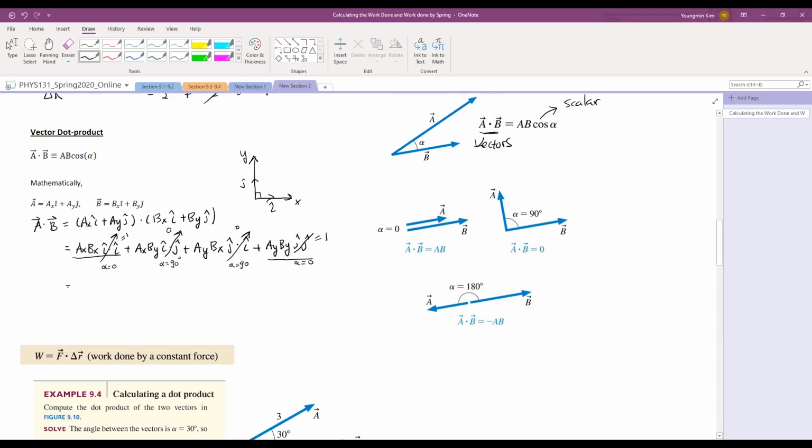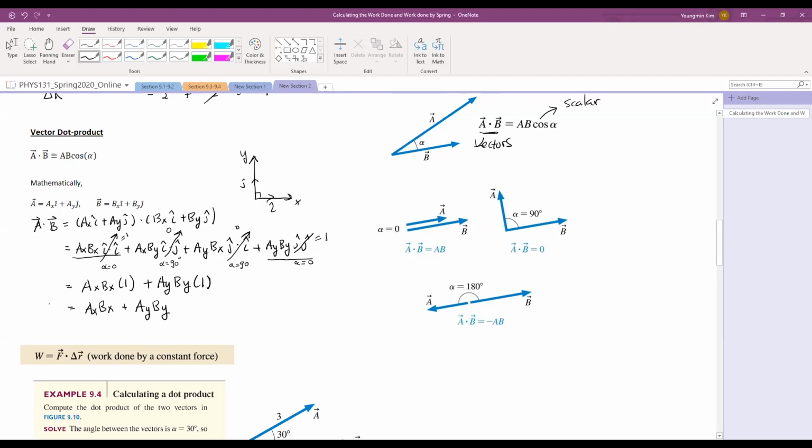So in terms of components, a_x b_x multiplied by 1 plus a_y b_y multiplied by 1. So a dot b in component version is you simply multiply the a terms and the b terms together and add them together like this.